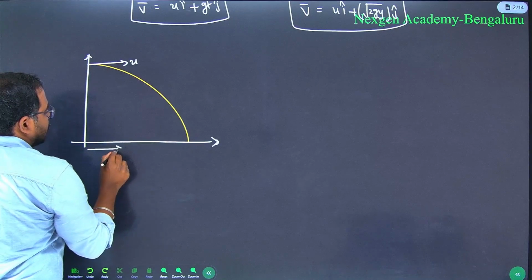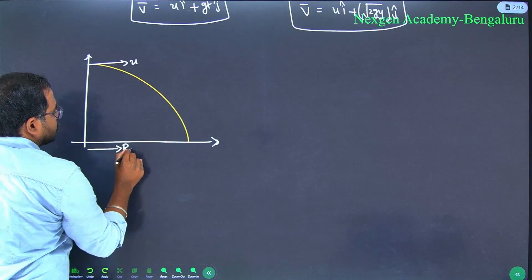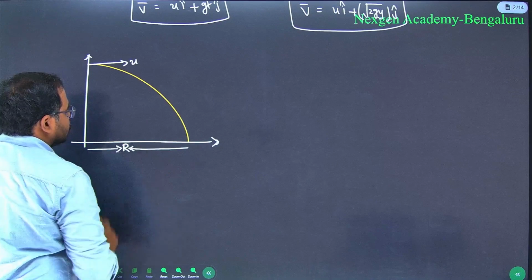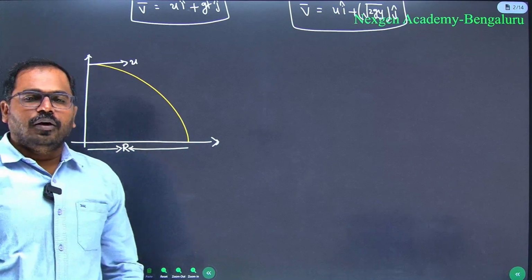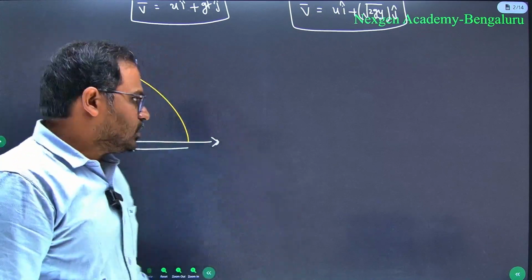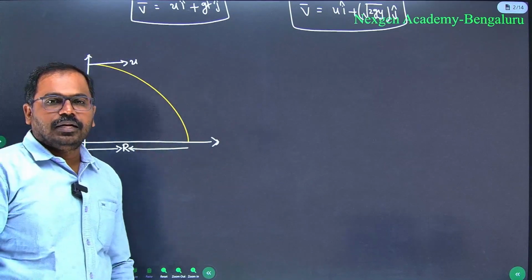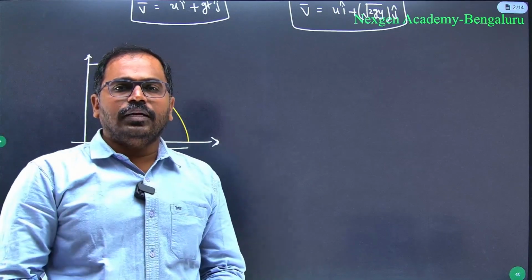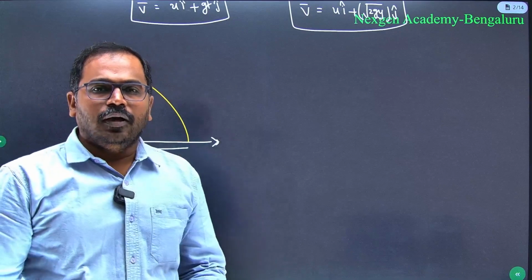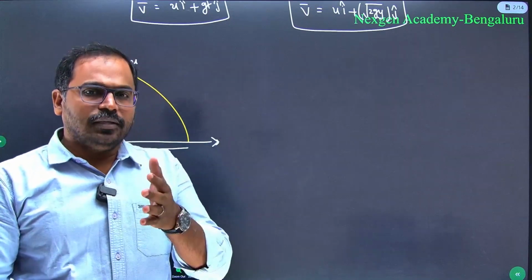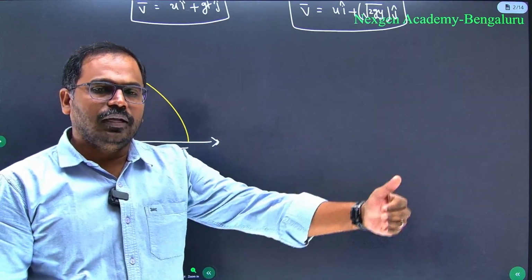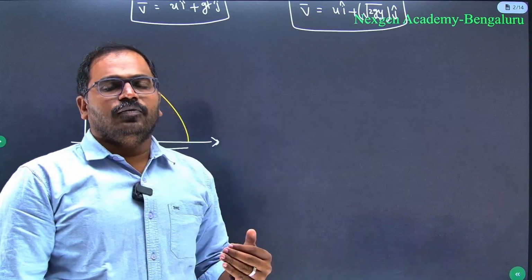Horizontal distance traveled by the projectile before striking the ground is called horizontal distance, from here to here. That horizontal distance is called horizontal range. Horizontal range means horizontal distance traveled by the body before hitting the surface or the ground.